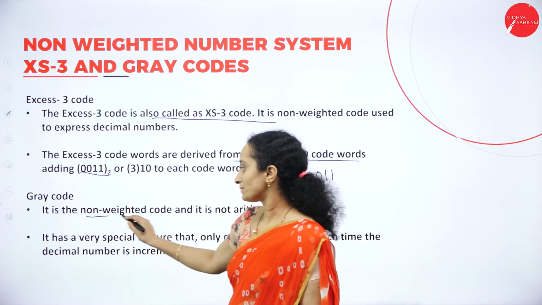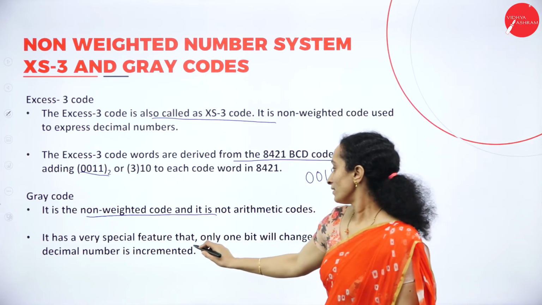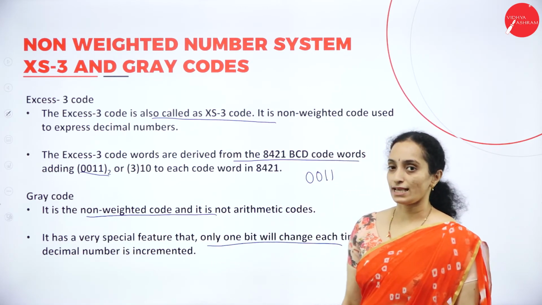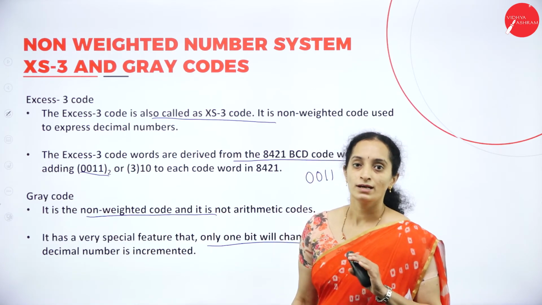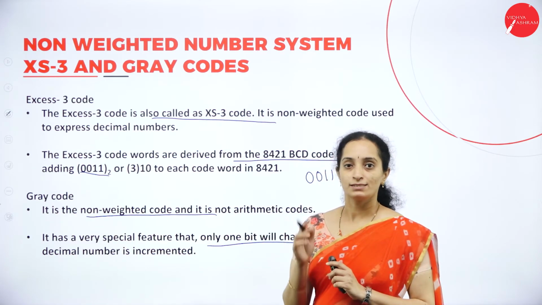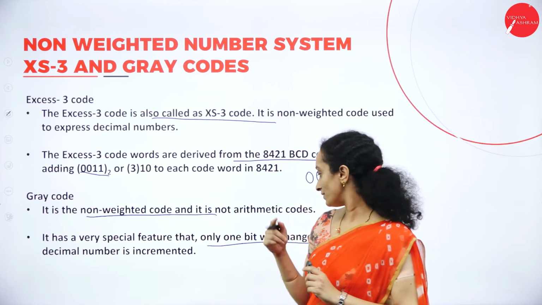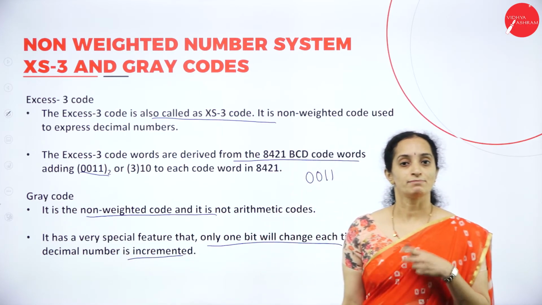Alright. Next is another non-weighted code, that is Gray code, where only 1 bit will change each time. There is no fixed change in the Gray code. It changes dynamically. What changes is 1 bit with the increment of each decimal number.